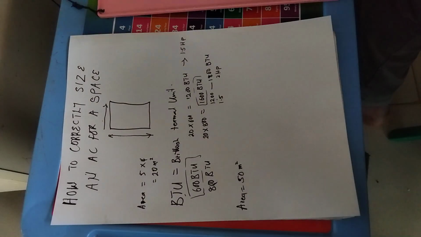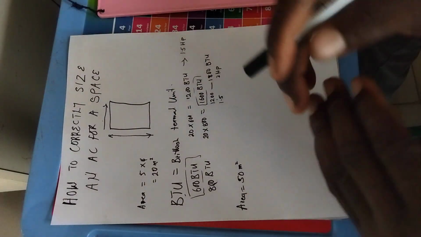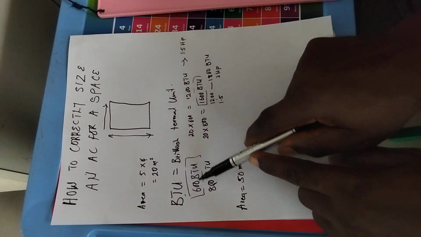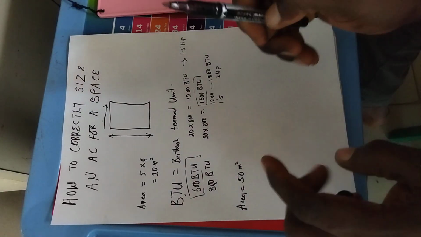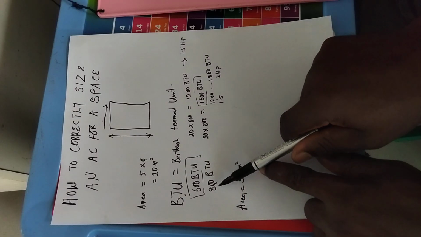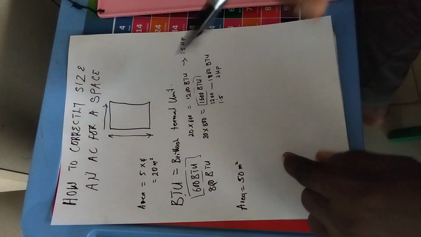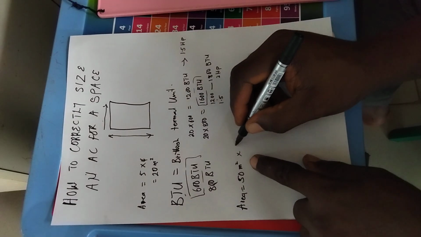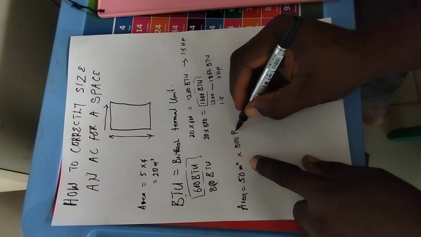If you don't have enough sunlight coming in, like you don't have enough window, you only have a smaller space, that is to say the place is totally sealed, which means you can go with 600 BTU. But if the place is quite open with enough window, you are going with 800 BTU. You get that, right? Now, calculating this with 800 BTU, you multiply by 800 BTU.